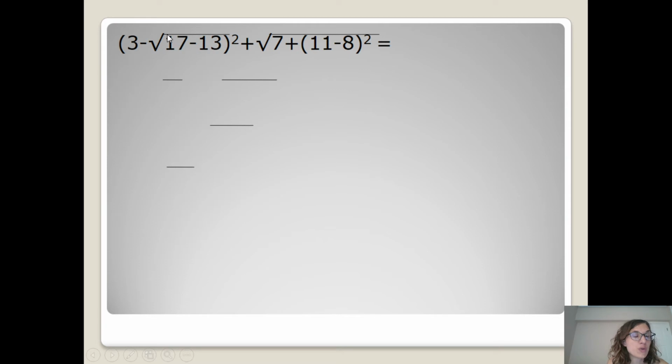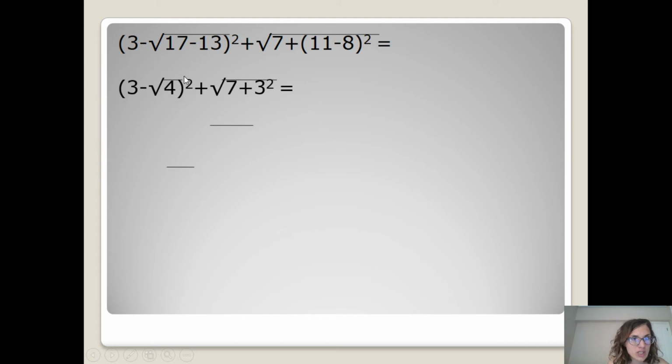So for doing the root, the first thing we have to do is the subtraction, which means 17 minus 13, which is 4. The rest of the things remain the same. While here, what we have to do first is this subtraction inside the parenthesis, 11 minus 8, 3. And afterwards we will raise it to the second power.